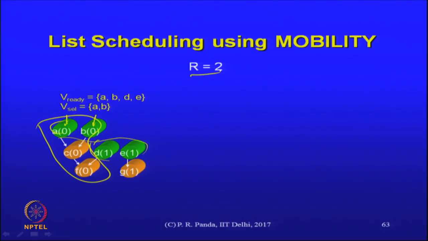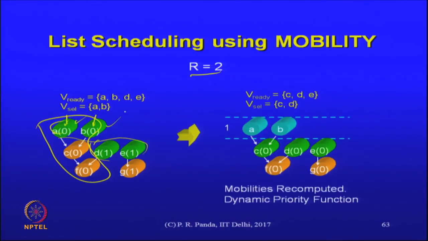I have to decide which 2 to take, and the choice here is that I will pick up A and B because they have the highest priority. A and B are picked up because the mobilities are 0, whereas the mobilities are 1 for the other 2 nodes that are ready.